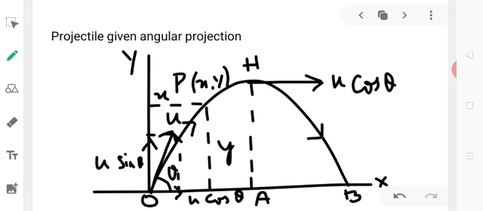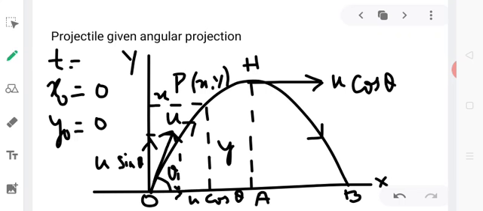Suppose an object be projected from the point O with velocity u, making an angle theta with the horizontal direction OX such that x0 is equal to 0 and y0 is equal to 0, that is the initial displacements are 0 at t equal to 0.